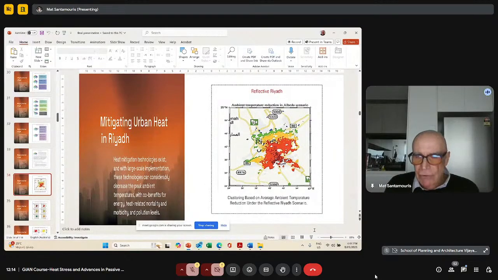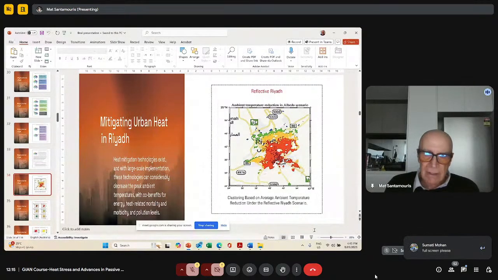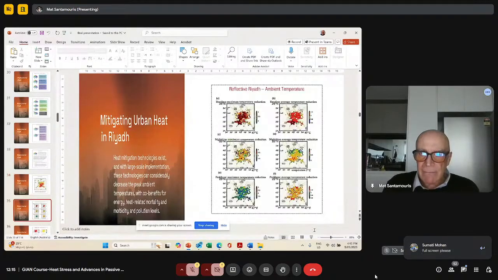You see that the performance is not the same everywhere. The performance is much higher in dense areas with higher urban density, and this is normal because you have more materials there, and more absorption of heat. So this mitigation technology gives us a decrease of close to 1.2 to 1.5 degrees. This is the maximum we can get from these materials.